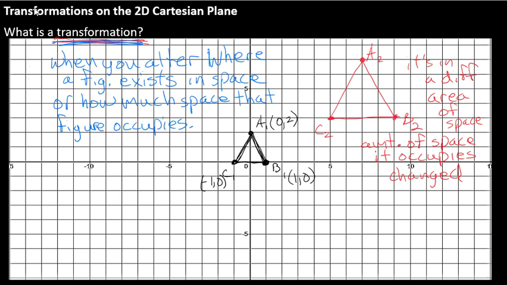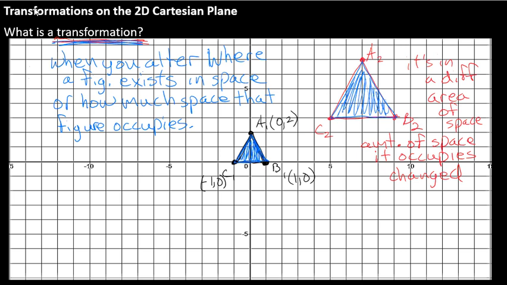Okay, so our figure in this case was this little baby triangle. We decided we were going to make this triangle A1, B1, C1 get bigger, right, and go to a different area in space. So it occupies more space now than it did before.